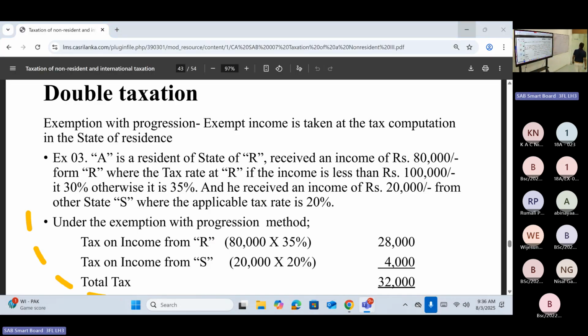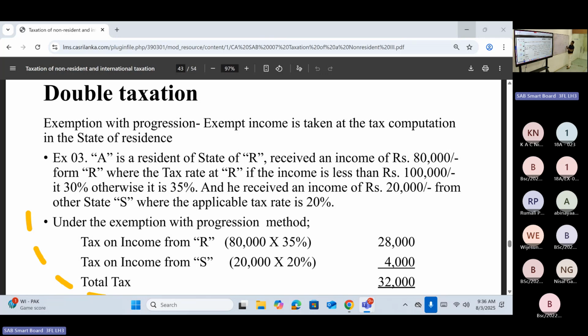In that context, this country tax rate is 20%. This country's tax rate has two rates based on his total income. If it is less than 100,000, rate is 30%. More than 100,000, rate is higher. Right? In the other country, the tax rate is anyway 20%. So we'll work on the tax liability.